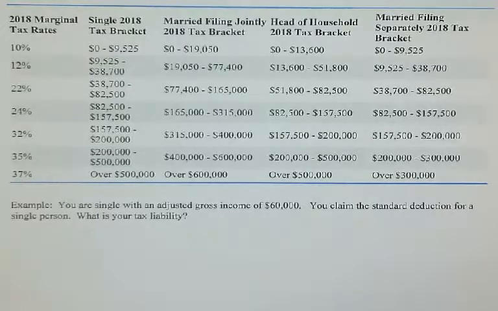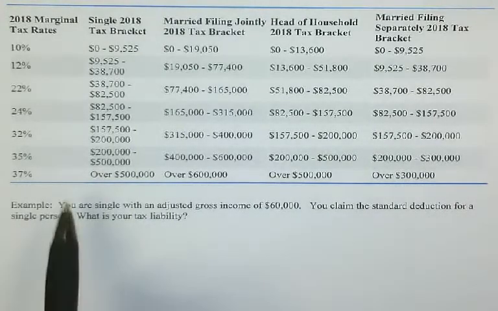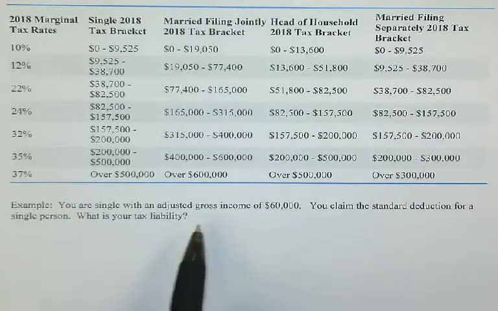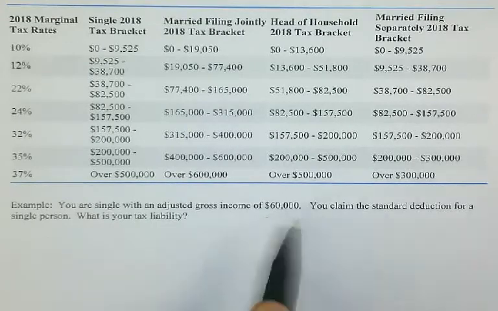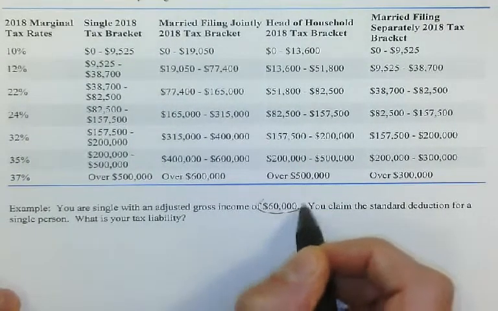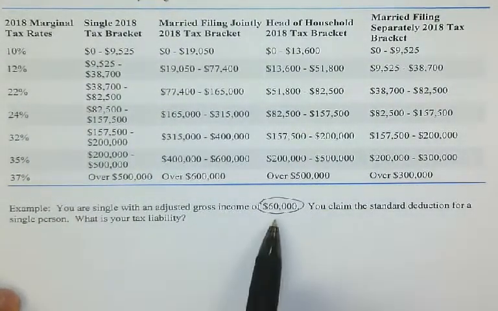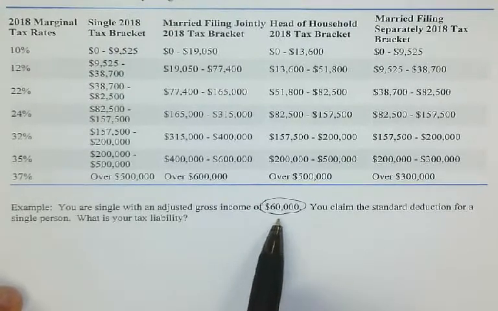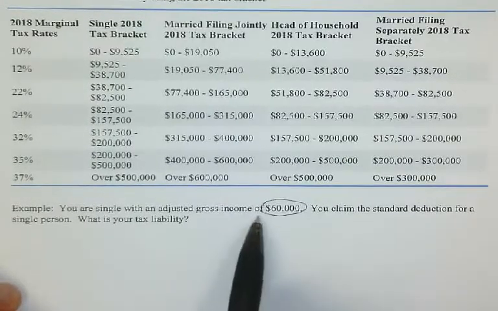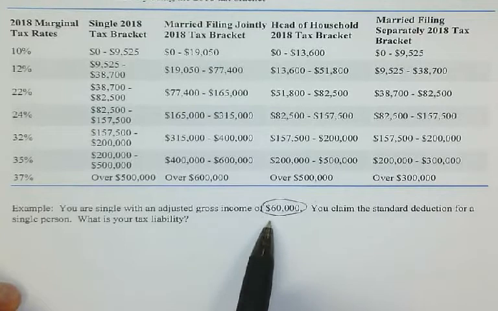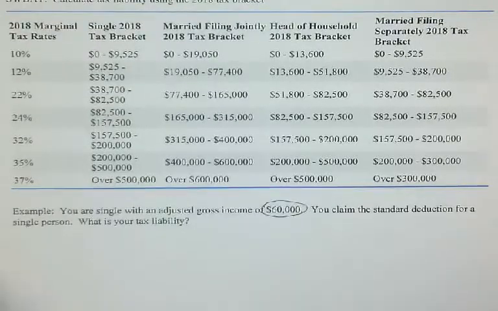So, how do we actually come up with a person's tax liability? We're going to look at an example. You are single with an adjusted gross income of $60,000. This is your adjusted gross income, which means how much you made throughout the course of the year, after we might have subtracted some medical expenses, retirement, investments, anything that's exempt from income tax.